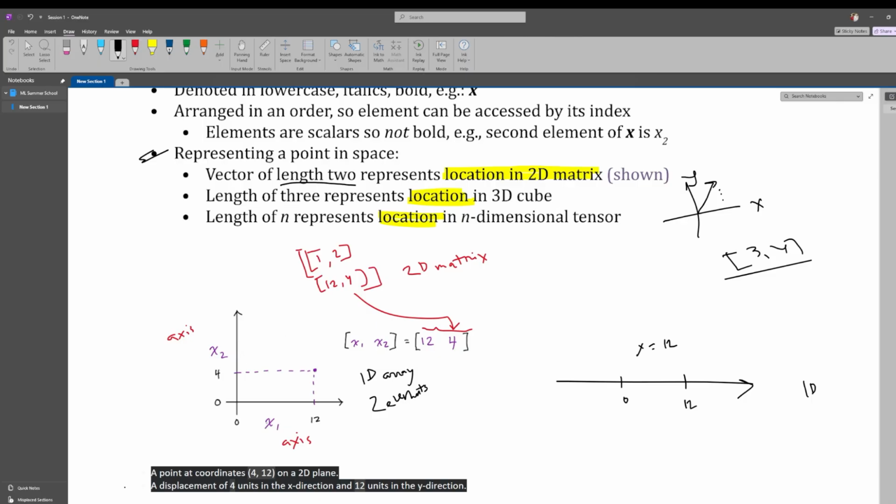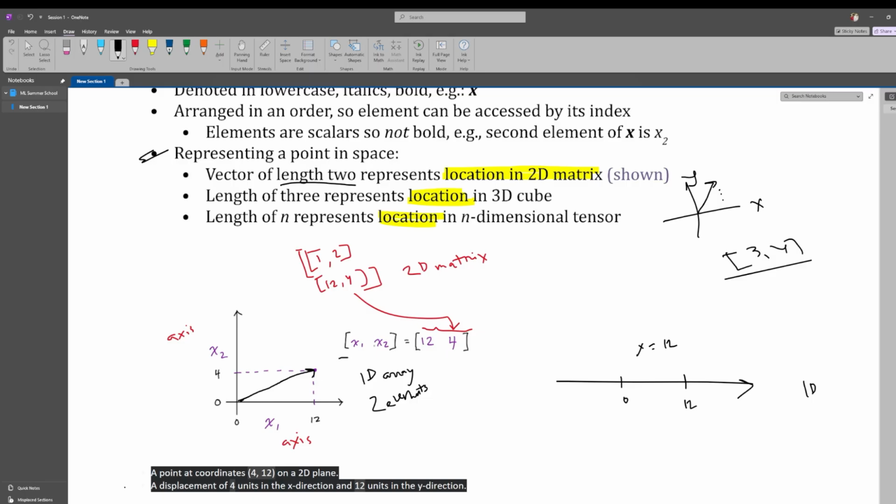At a certain point the value should be 12 comma 4. So we can represent it as x1, x2: 12, 4. In the x1 axis it went 12 units, and in the x2 axis it went 4 units. So this is basically a vector.